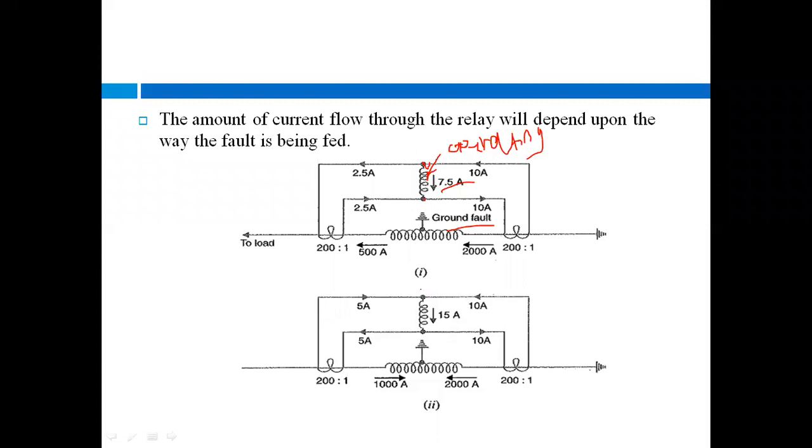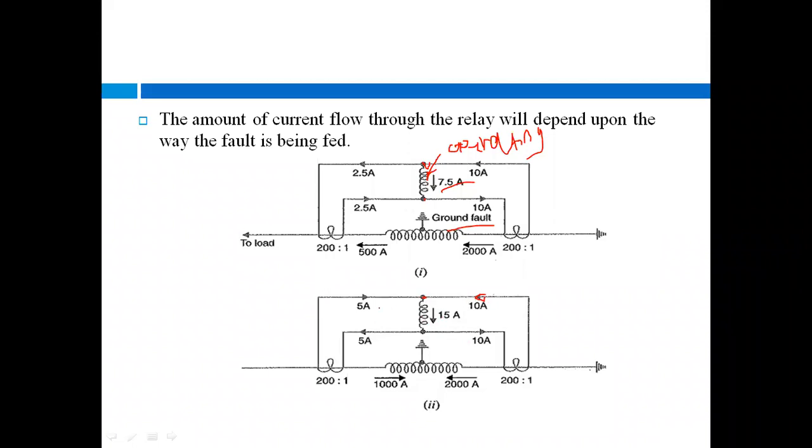So here the incoming current is 5 ampere, and again the 10 ampere current is also incoming.